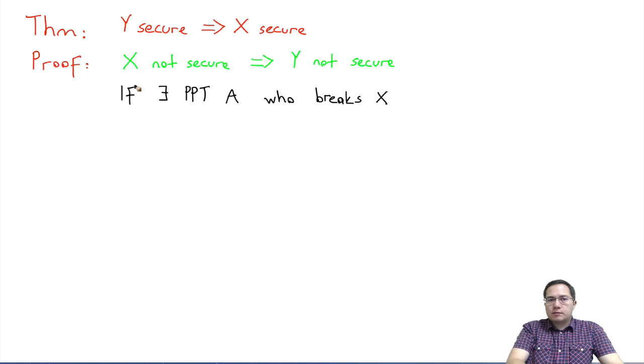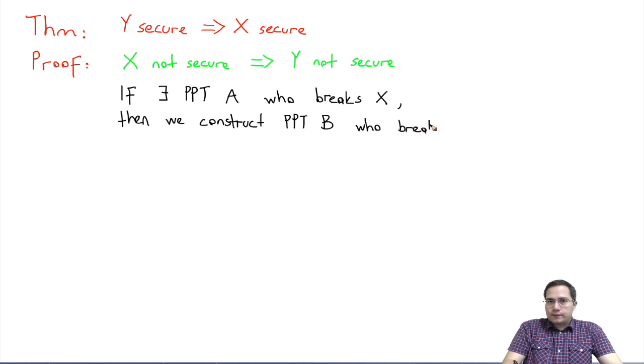Now, the proof will start by assuming there exists some adversary A. We don't know how A works. We don't know A's code. But we know that A breaks X. If that's the case, then in the proof, we construct another PPT adversary, B, who is going to break Y. So if A breaks X, B is going to break Y. This is what we are going to do.